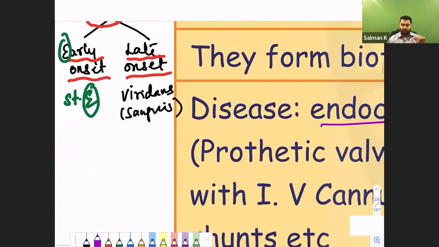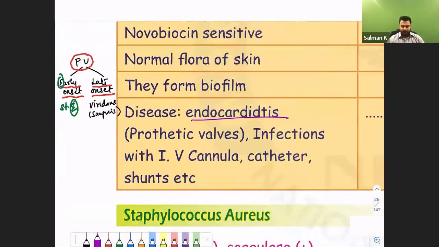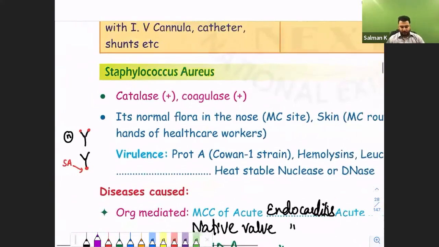Do you remember? Prosthetic valve endocarditis is divided as early and late onset. Early onset is E for epidermidis. Late onset is by viridans group like sanguis. Example is sanguis, although there are others that can do this. Okay. Next, that's about that.